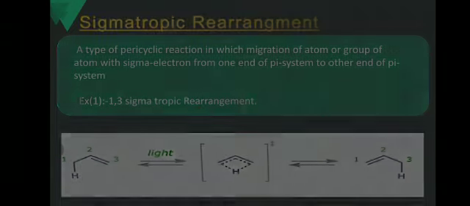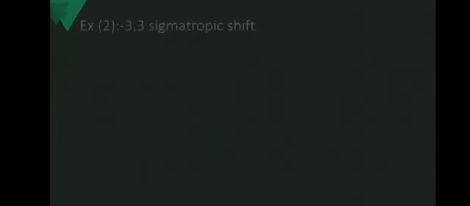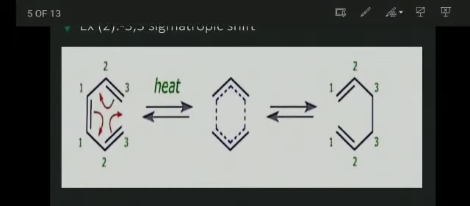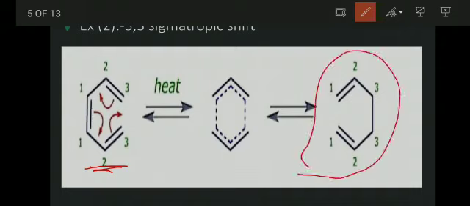Then we see another example, the 3,3 sigmatropic shift or 3,3 sigmatropic rearrangement. Here we see how that reaction takes place. We use cyclohexatriene, and it is converted into cyclohexadiene. We give numbering to this compound, 1, 2 and 3, 1, 2 and 3.